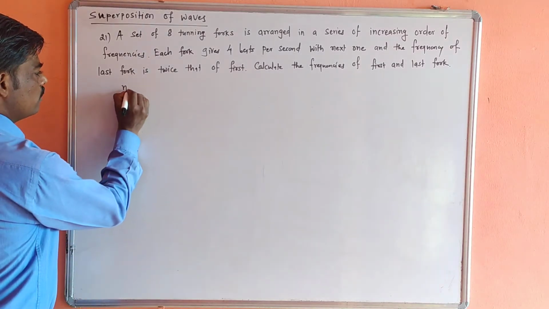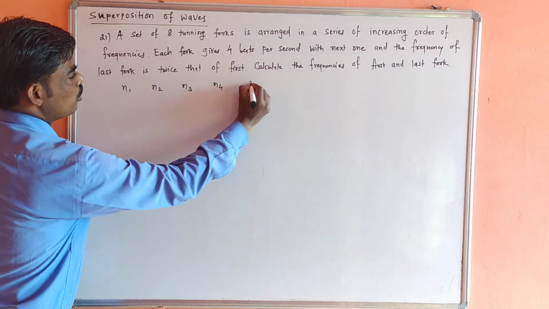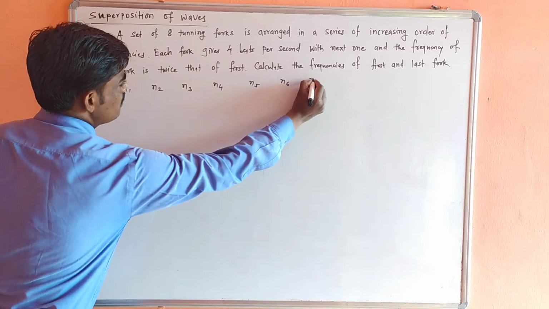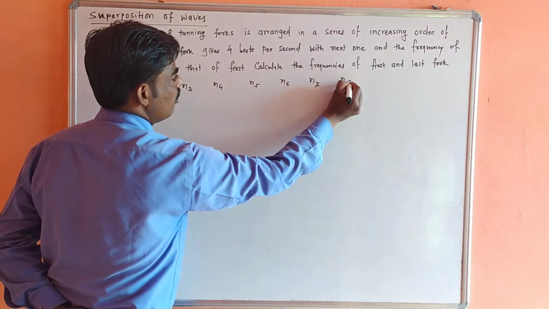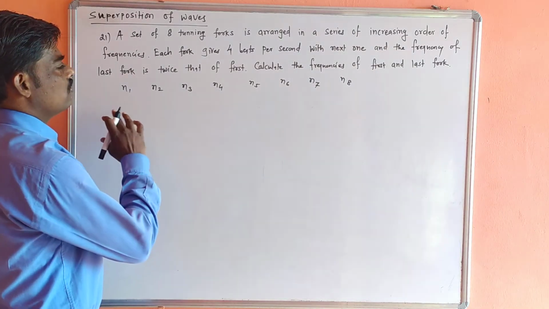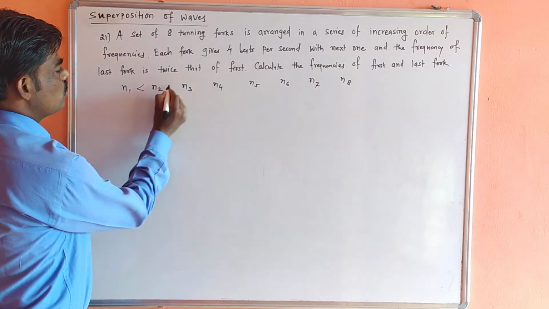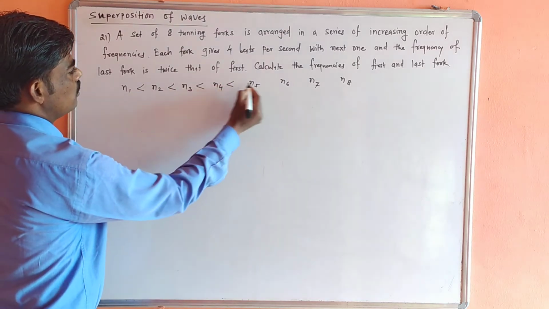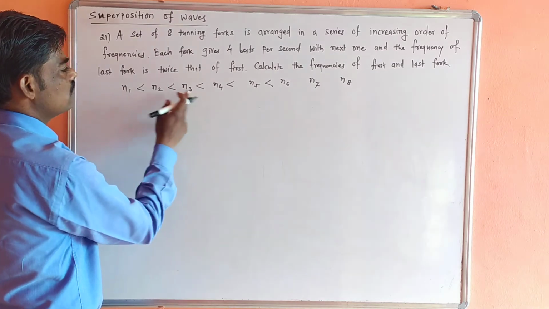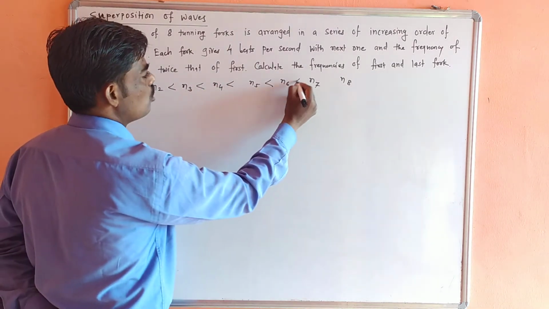Suppose n1, n2, n3, n4, n5, n6, n7, n8 are the frequencies of the tuning forks, arranged in increasing order: n2 is greater than n1, n3 is greater than n2, n4 is greater than n3, and so on.